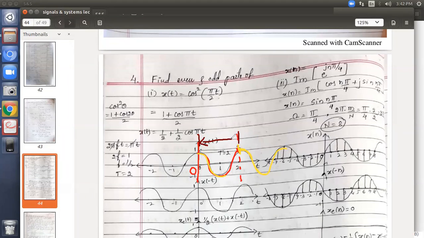So continue and count the numbers. 0 to 1 is 1 unit, 1 to 2 is 1 unit. So totally the time period is equal to 2. So we have drawn the signal very accurately with the time period which is equal to 2.